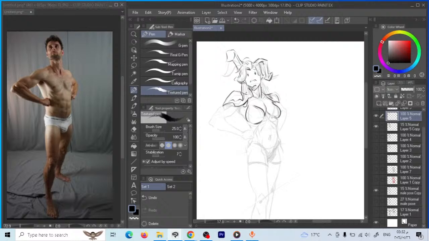If you are actually trying to draw human bodies. For me, it will be the perspective of the human body, yeah.